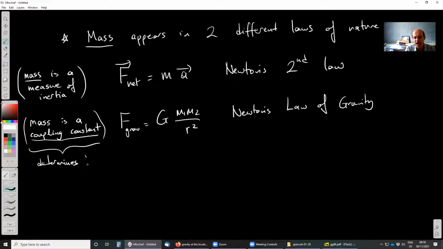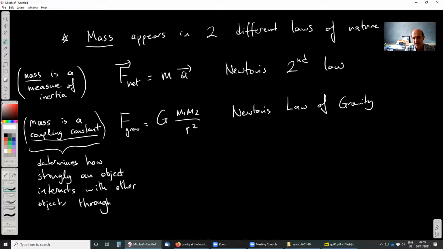Determines how strongly an object interacts with other objects through gravitational force.